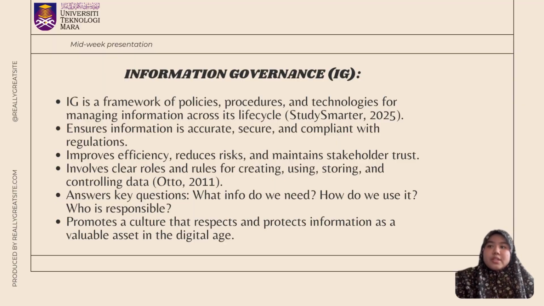According to Auto 2011, IG also involves clear rules for creating, using, storing, and controlling data. It encourages us to answer key questions like what information do we need, how do we use it, and who is responsible for it. Lastly, IG promotes a culture that respects and protects information as a valuable asset in a digital age.